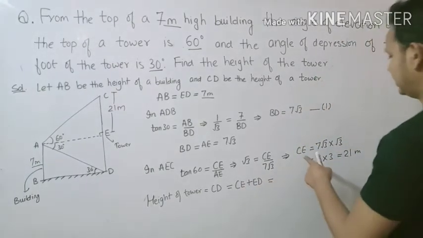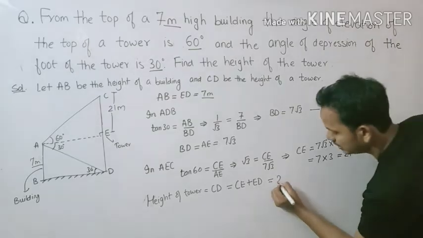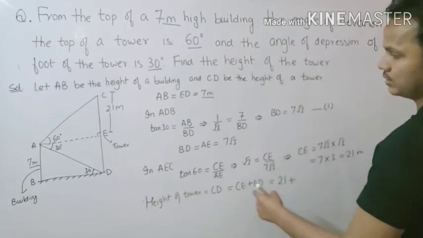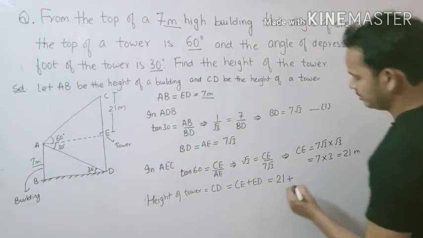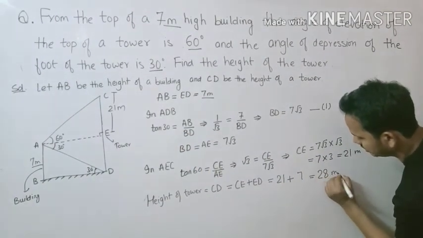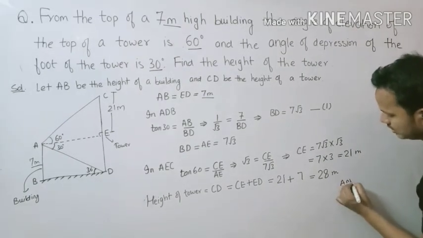So CE is equal to 21 meter plus ED, ED is equal to 7 meter. So 28 meter is our required answer.